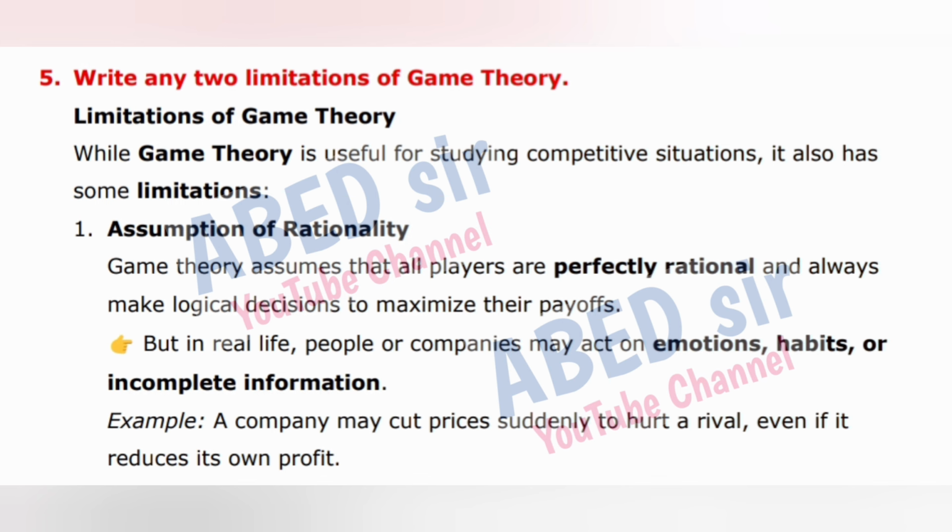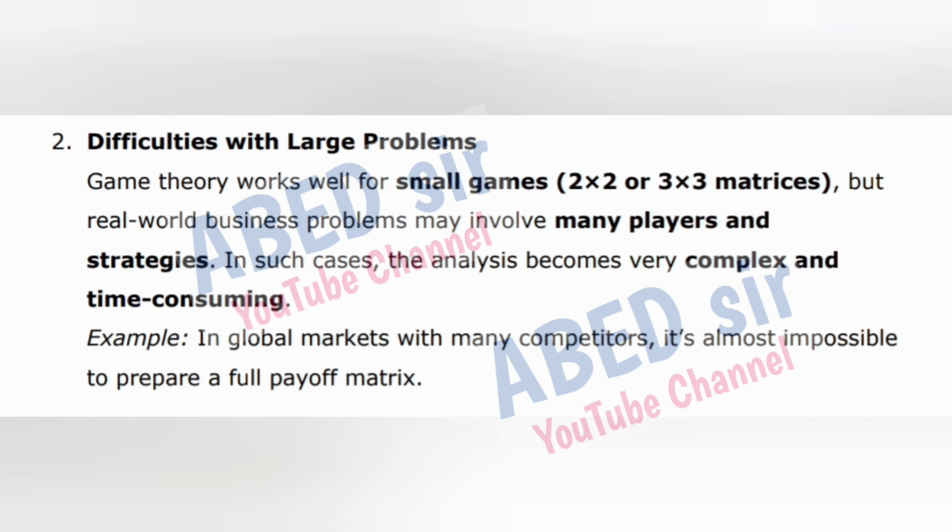Game theory assumes that all players are perfectly rational and always make logical decisions to maximize their payoffs. But in real life, people or companies may act on emotions, habits, or incomplete information. Example, a company may cut prices suddenly to hurt a rival, even if it reduces its own profit. 2. Difficulties with large problems.